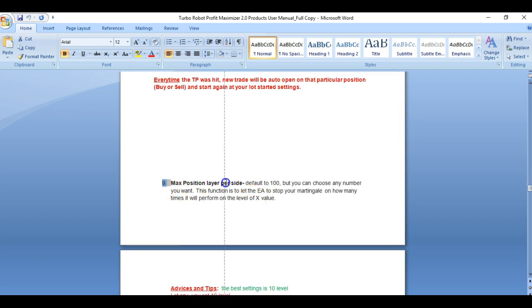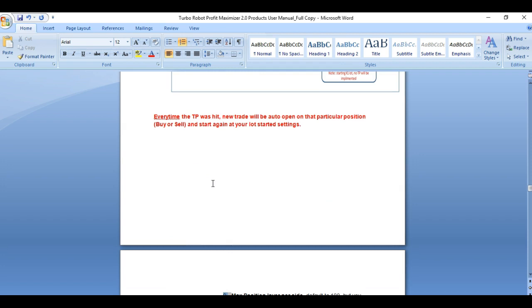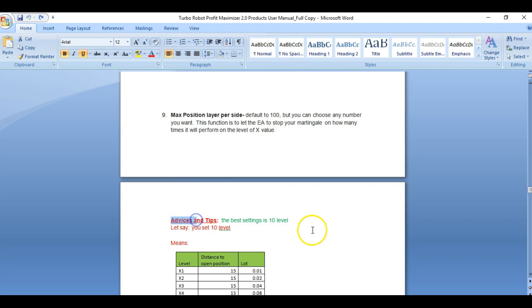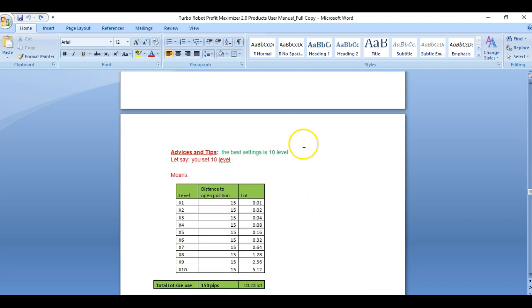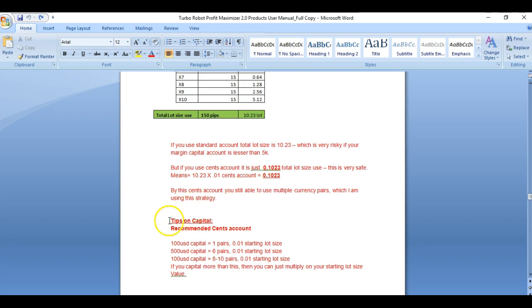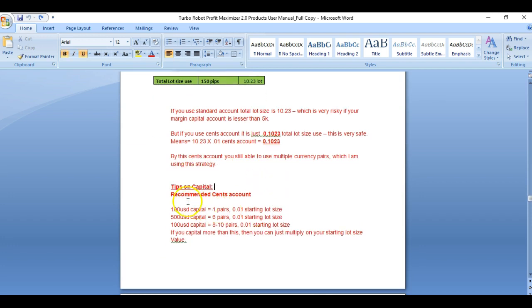And then your max position level per side, and then you have your advices and tips for this particular position, so that you understand what the level is. Okay, and we have tips on your capital. So it's recommended to use a Cent account.